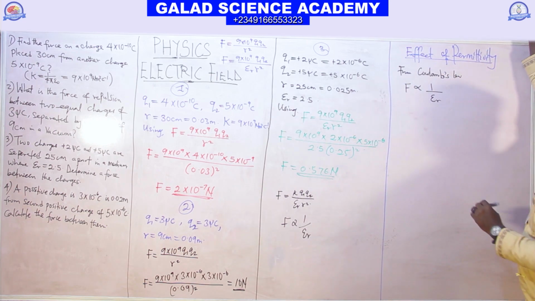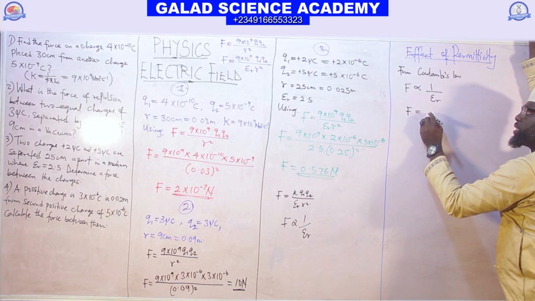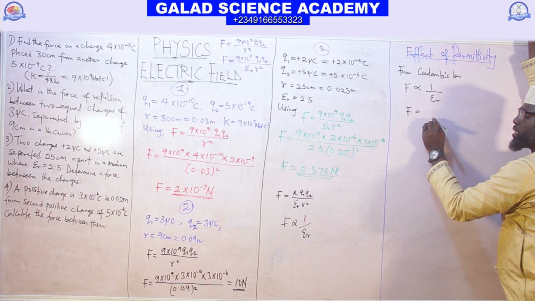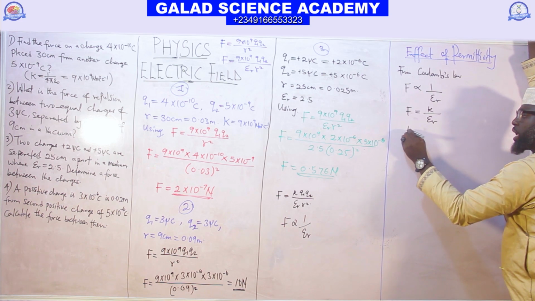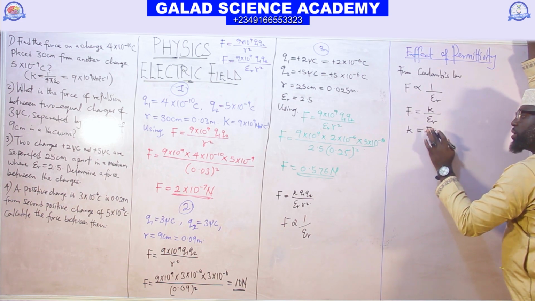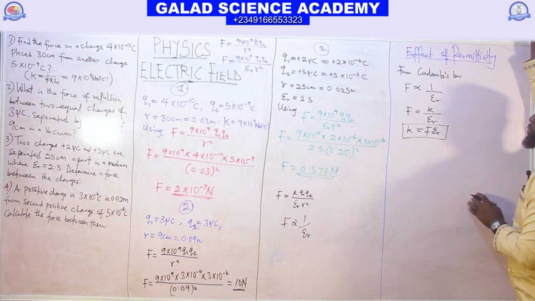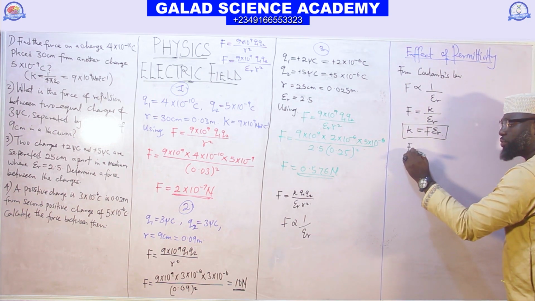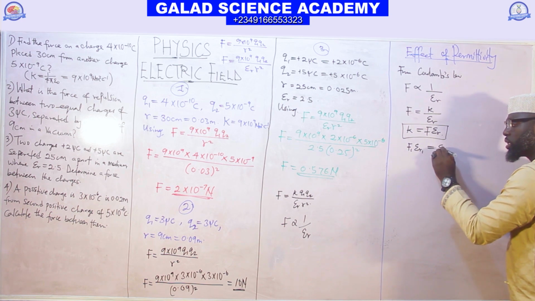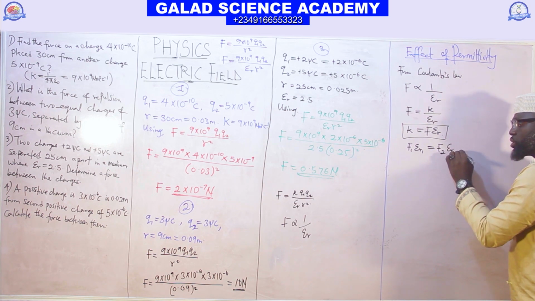So if I remove the proportional symbol, we will have F equal to K over E. Collect the like terms, we have K equal to F times the relative permittivity of the medium. Yes, from this expression, we can also have F1 E1 equal to F2 E2, the relative permittivity of these two.